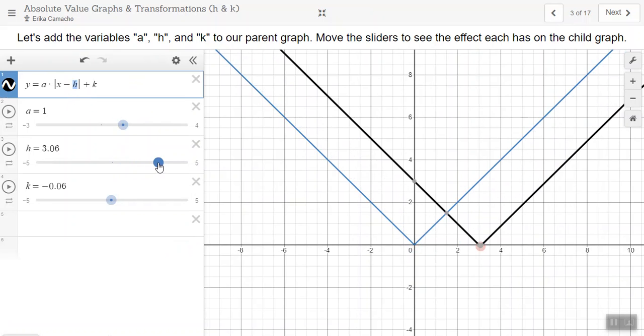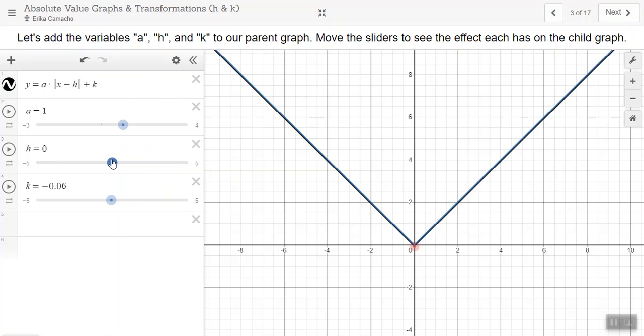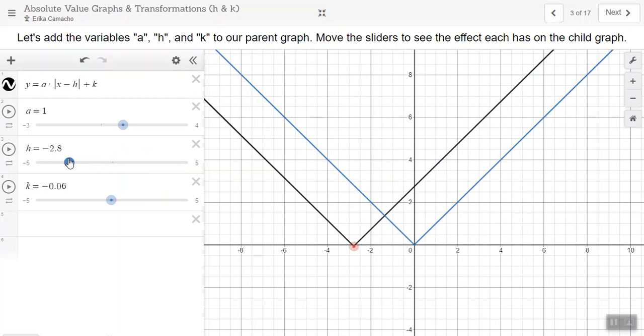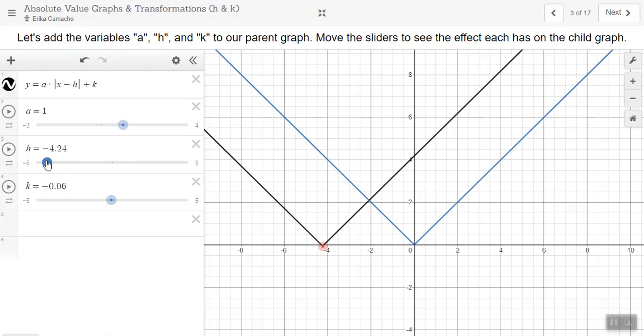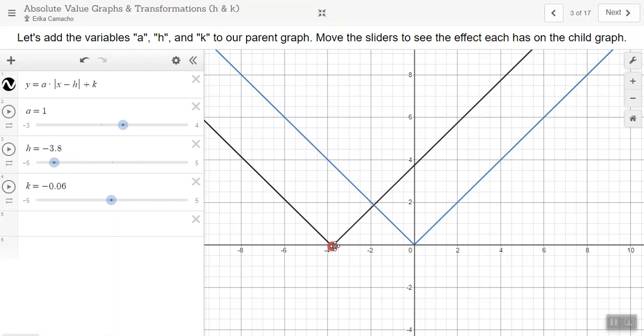So if h were 3, that moved my graph to the right from the parent. If h were -3, it's moving it to the left. So if this is -3, that would be a +3 inside. So let me just show you what I mean. I'm going to go back over here.